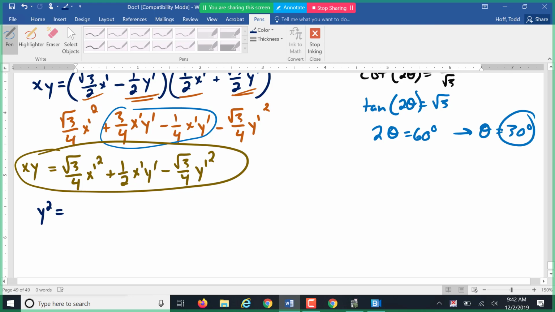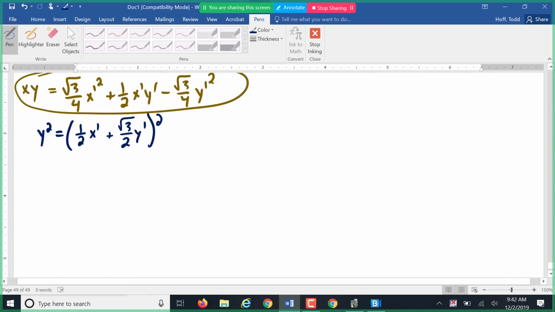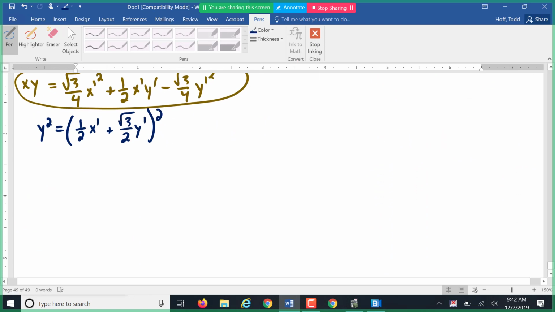Y squared is going to be 1/2 x prime plus square root of 3 over 2 y prime squared. Making sure I got the right one there. Yep. So as we square that out, 1/2 squared is just 1/4 x prime squared. 1/2 times the square root of 3 over 2 is square root of 3 over 4.